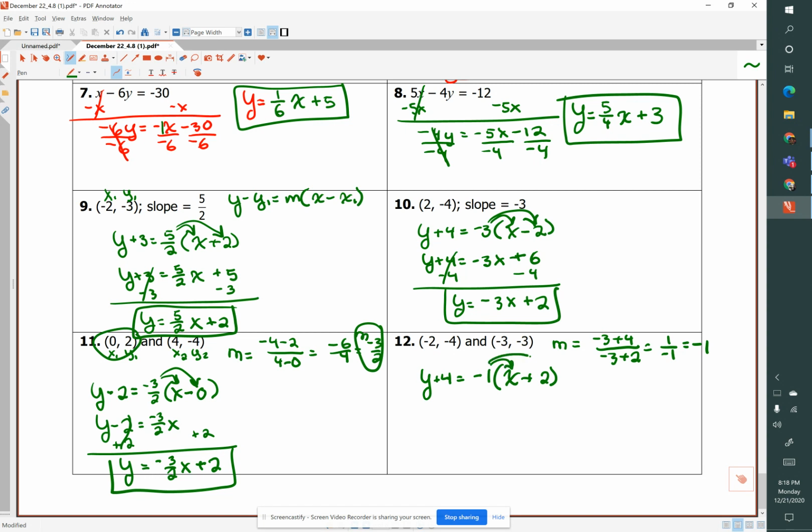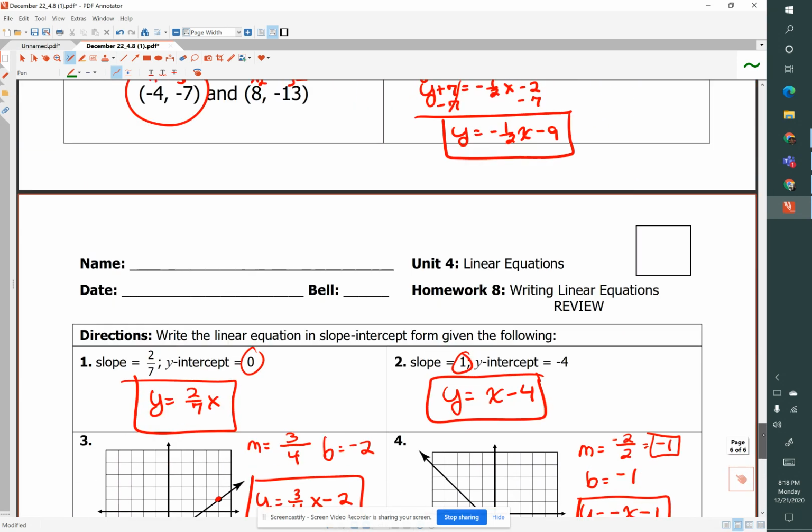Then we distribute, and we have y plus 4 equals negative x minus 2. We'll subtract 4 from both sides of the equation, and we have y equals negative x minus 6 as a final answer.